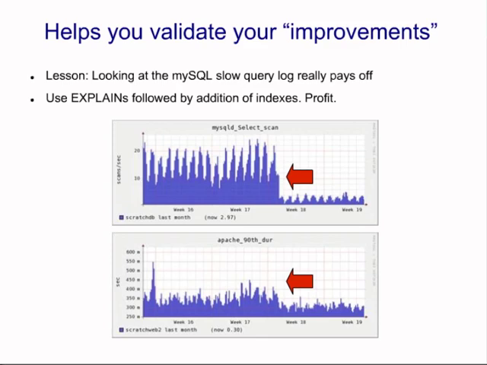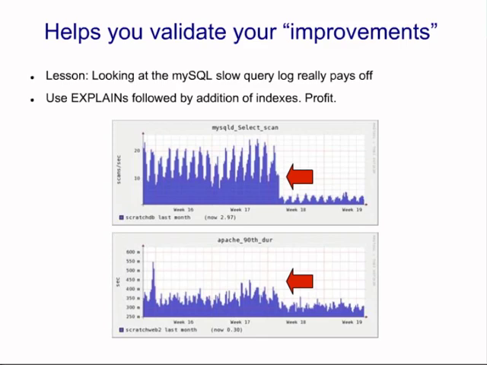This is MySQL, and the number of select scans just dropped precipitously, and that also resulted in our 90th percentile times really going down and getting a lot more stable. So we're not having very huge or large outliers for the 90th percentile.